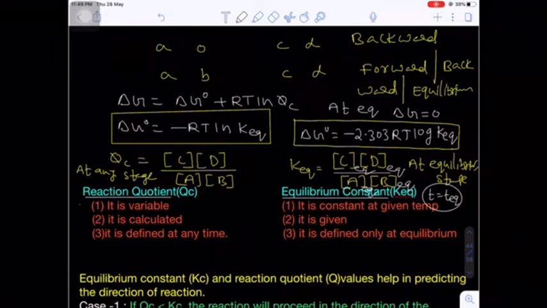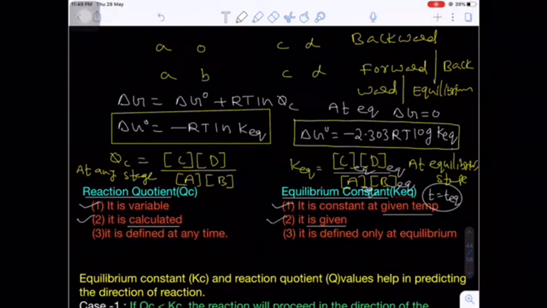Number 1, the reaction quotient is a variable value, but the equilibrium constant is a constant at a particular given temperature. In the last lecture I told you the effect of temperature on the equilibrium constant, that is very important. Number 2, the reaction quotient is a calculated value, but the equilibrium constant is a given value, that is an experimental value.